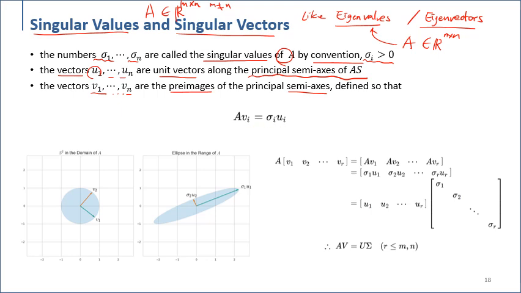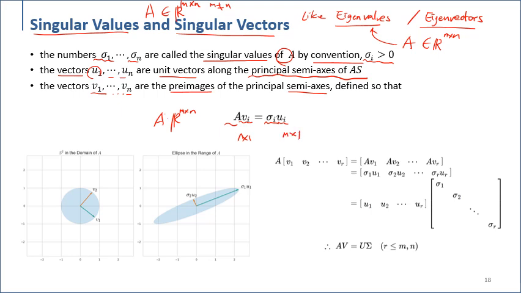So by the definition, A is the matrix with the size of m times n, and vi is a vector, so its size should be n times 1, and sigma i should be a scalar value, and ui should be a vector with the shape of m times 1.